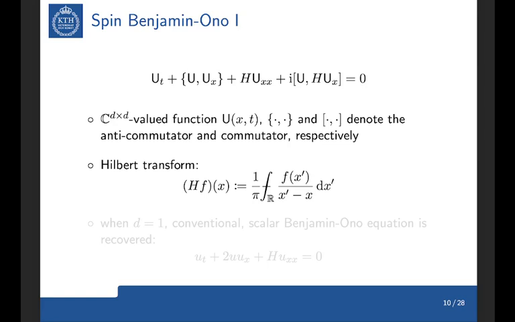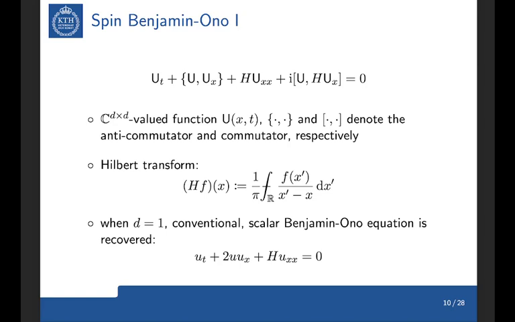Before moving on to discuss our main result here, I'll say something about the conventional Benjamin-Ono equation. This can be recovered from the spin-Benjamin-Ono equation in the case d equals 1. d is the dimension of the matrix. In this case, the commutator term vanishes.